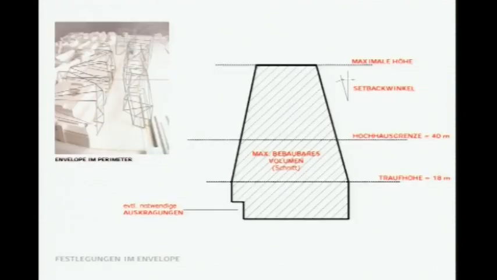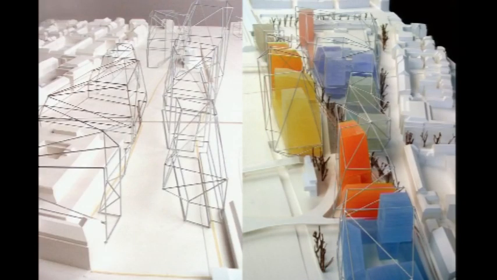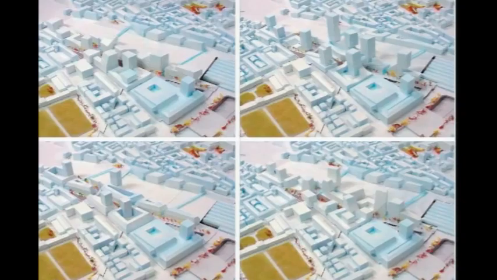From there you have to tip back, so a high-rise can appear, but not directly on the edge of the perimeter block, so that as a pedestrian you all the time see only the existing city fabric, and the density will appear, like you see here, on top of the perimeter block and tipped into the perimeter block. You see this envelope as a wireframe and a possible infill, but all these infills are possible within this framework.